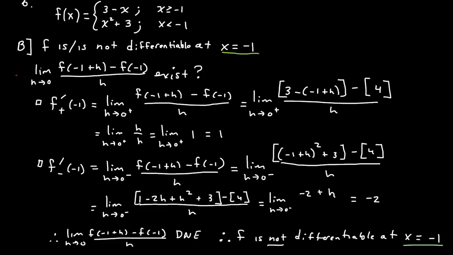I wrote the general statement. I'm inquiring whether or not that exists. I'm finding the derivative from the right, which is the limit of the difference quotient from the right. I have to plug negative 1 plus h into the right, so I have to plug it into 3 minus x, and that's where I get this bracket here.